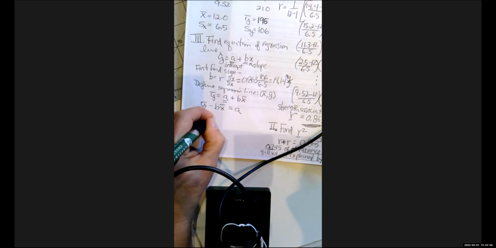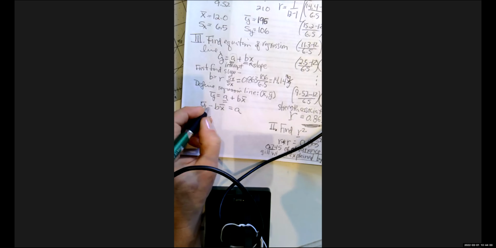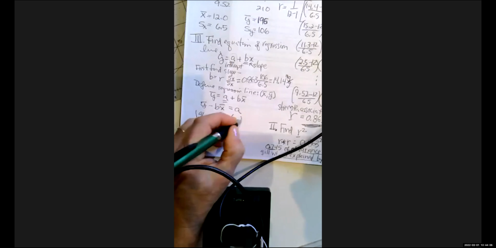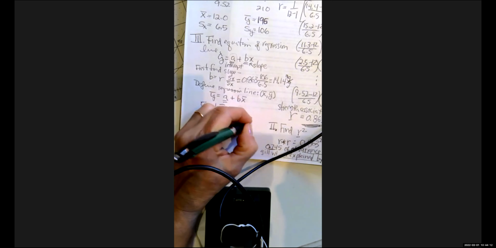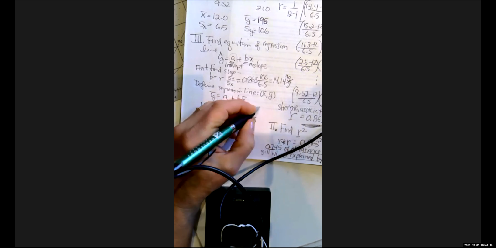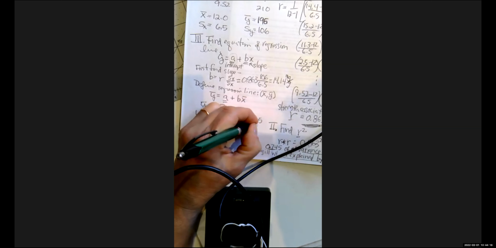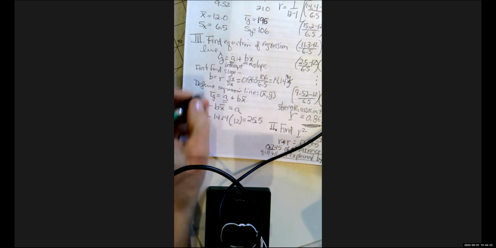All right, so I've got y bar, 196, minus 14.14 times x bar, 12, and that equals 25.5. I have found b, I have found a.